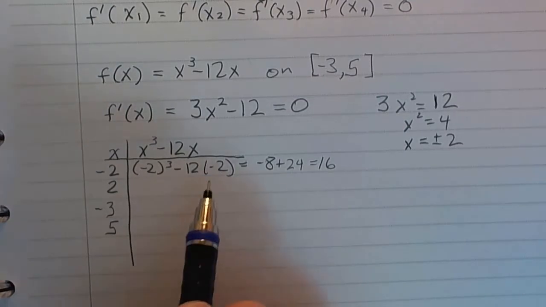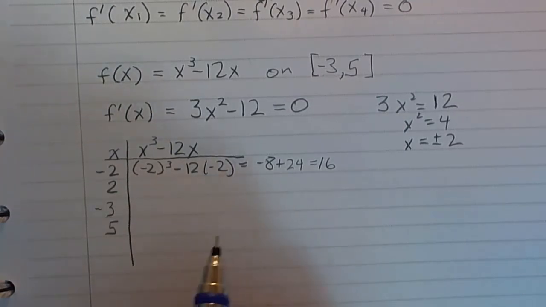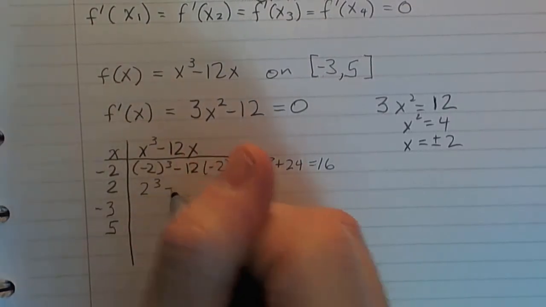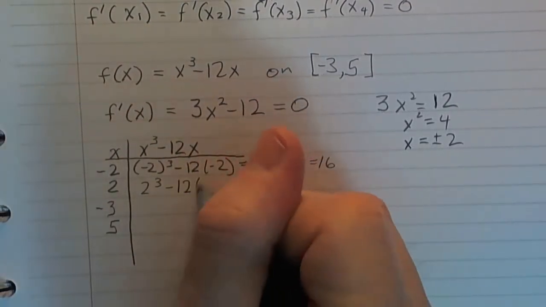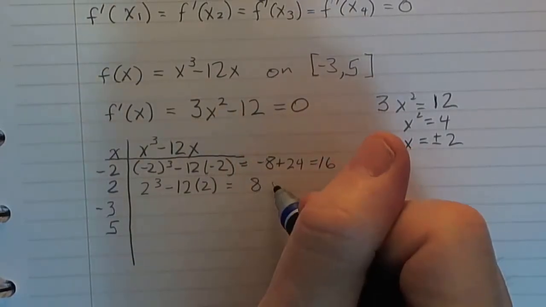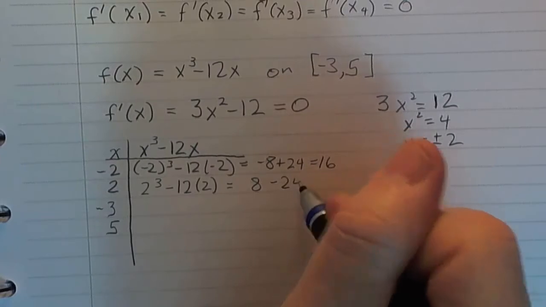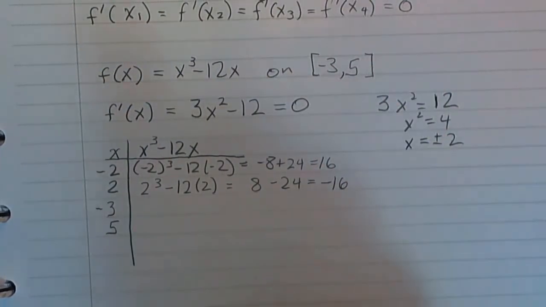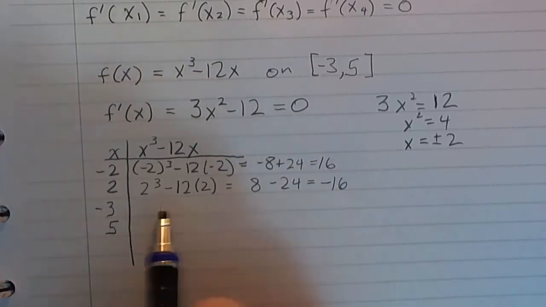Now let's look at the next one. We've got 2 cubed minus 12 times 2. That's going to be 8 minus 24, which is a negative 16. I take note of that as well.